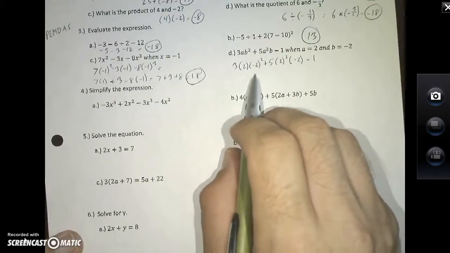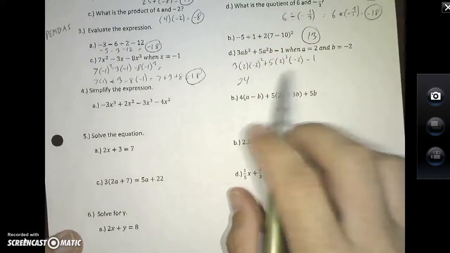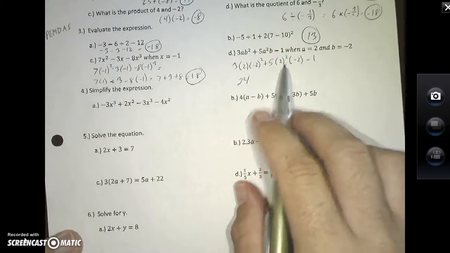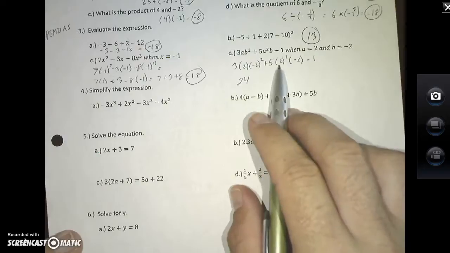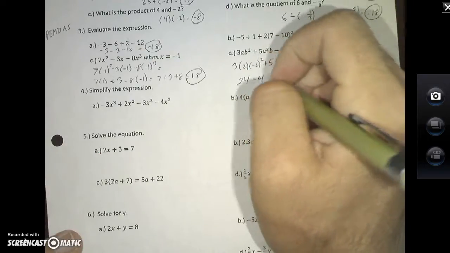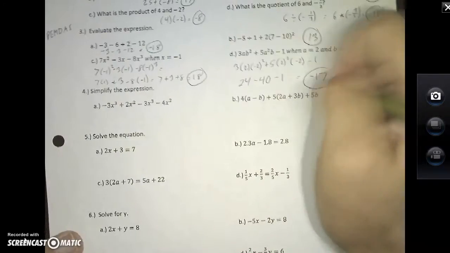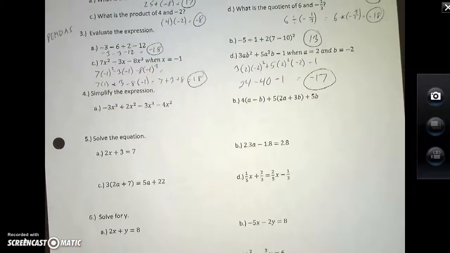Negative 2 squared is 4. 6 times 4 is 24. 2 squared is 4. 5 times 4 is 20. 20 times negative 2 is negative 40. Minus 1. 24 minus 40 is negative 16. Minus 1 is negative 17. Alright. Good.